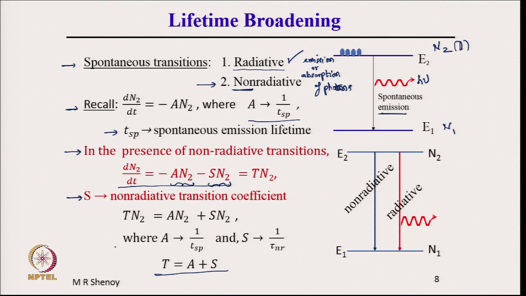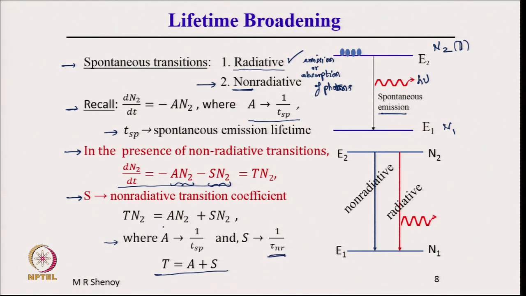We have already shown that A is equal to 1 by TSP, where TSP is the spontaneous emission lifetime. A corresponding lifetime for non-radiative transition, if we define it as tau nr, nr standing for non-radiative, then S will be equal to 1 by tau nr.